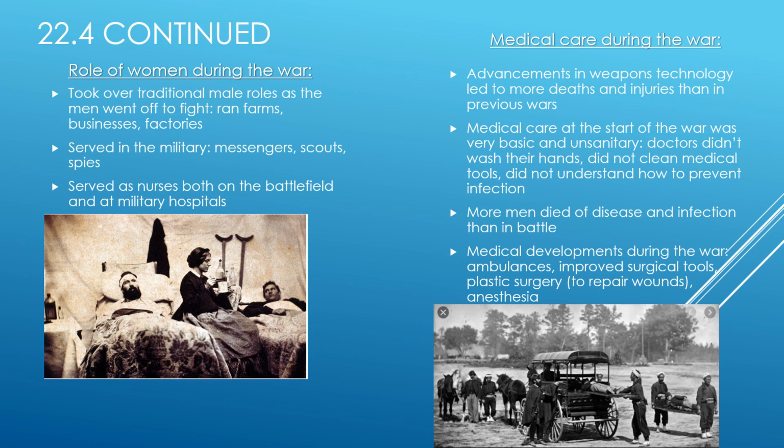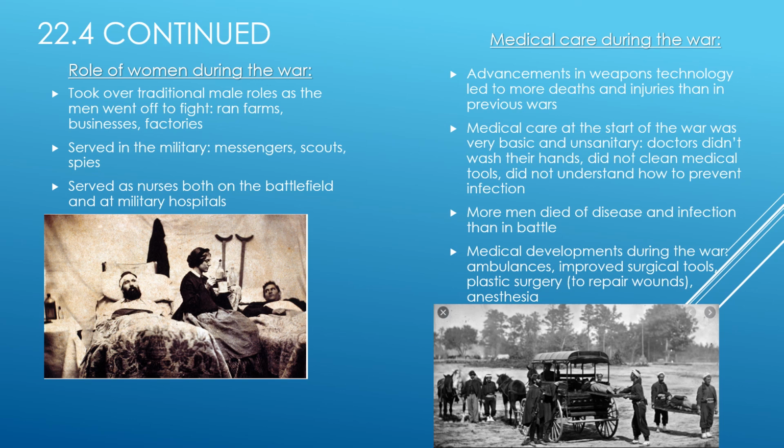Oftentimes they went from cutting one guy's leg off to dealing with another guy, still with the first guy's blood on his hands or on the saw used to cut his leg off. More men actually die of disease and infection in the hospitals than they do in battle itself, and many soldiers refused medical treatment because they were more likely to die.